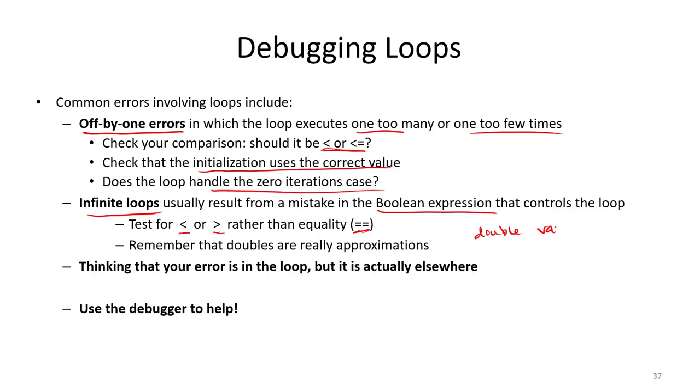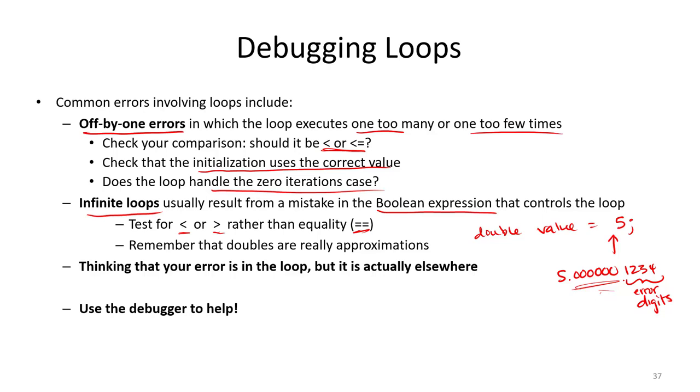For example, if I set a double variable value to 5, that value is going to be stored as 5.000, but then there's going to be some error digits at the end of the double. So if you're testing for equality and using a double, you might accidentally return false because of those error digits. Watch out for error in your double variables.